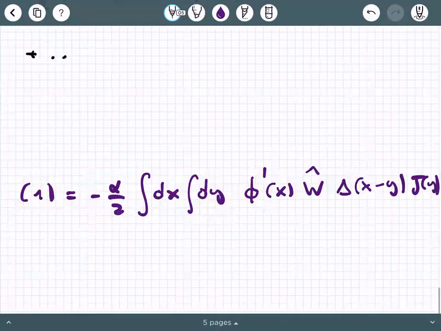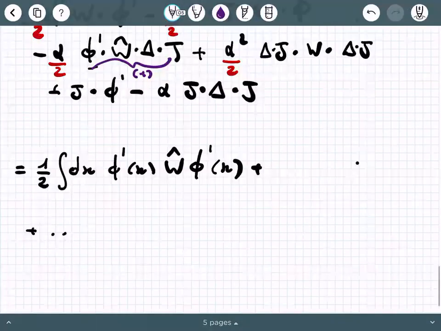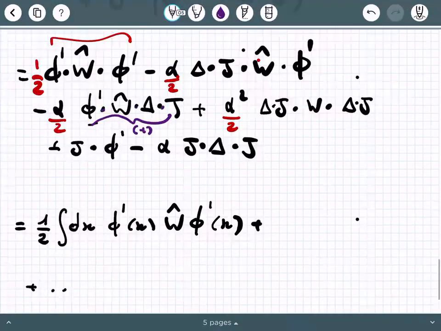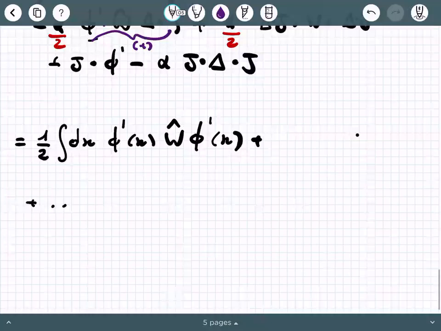I've written explicitly this term. Now, since this is local, one of these convolutions goes, and there are 2 integrals. You see 2 black spots here. That's why I have an integral in dx and dy.